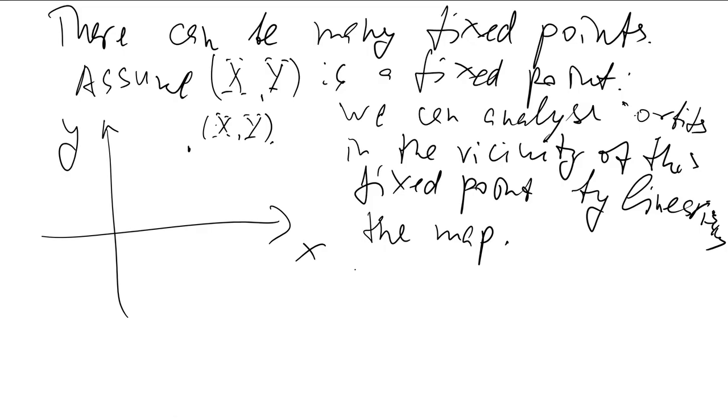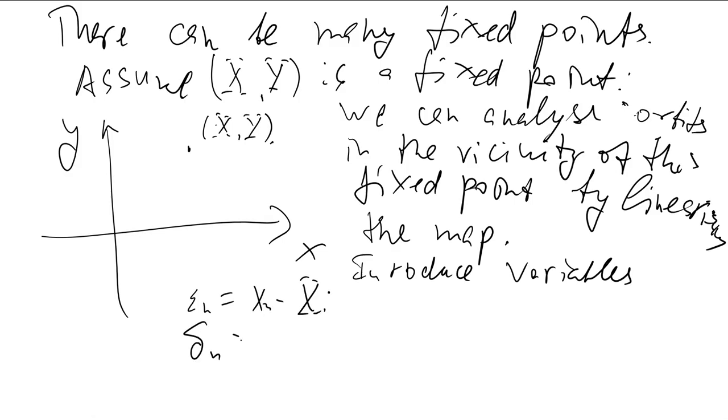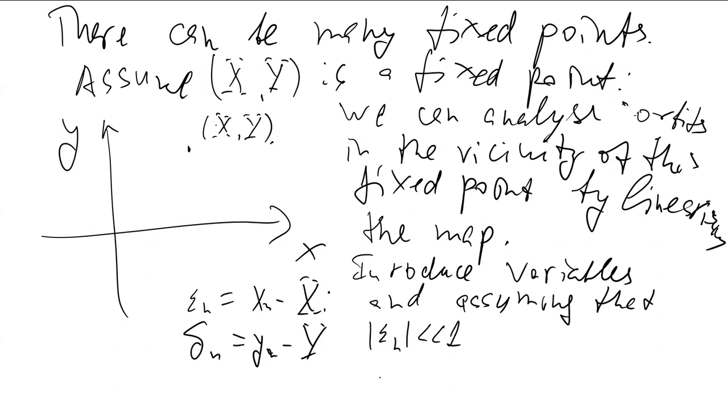So what does it mean? It means that we can introduce two other variables, epsilon n, which is x n minus x capital, and delta n, which is y n minus y capital, and assuming that epsilon n by absolute value is very small and delta n is very small, then for epsilon n and delta n we will have a linear map.